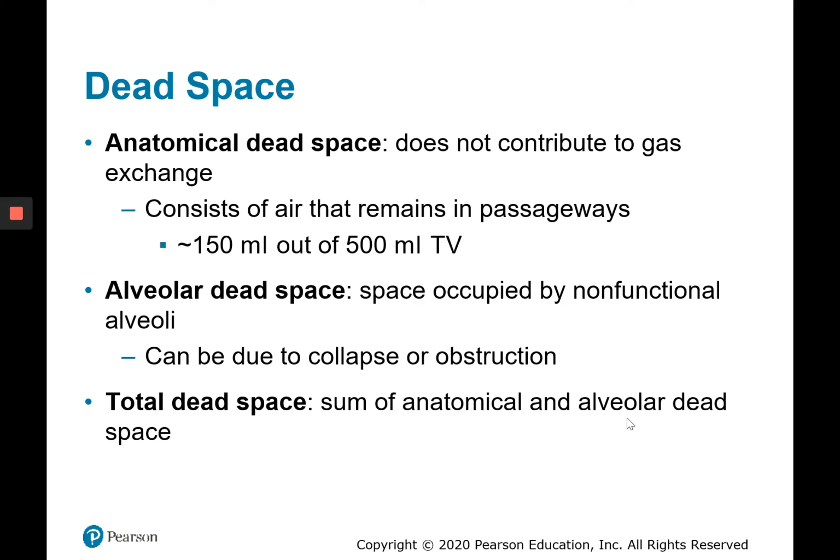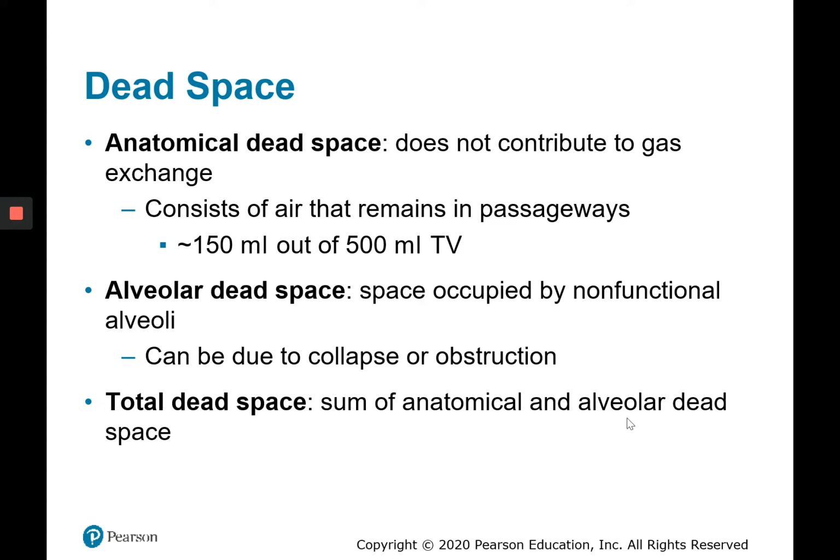We also want to talk about anatomical dead space, alveolar dead space, and total dead space. The anatomical dead space is the air that remains in the conducting zone. This air never contributes to gas exchange, so it never makes it to those respiratory zones. Alveolar dead space is air that may make it to the alveolar areas, those respiratory zones, but it's going to be in a non-functional space or a non-functional alveolus.